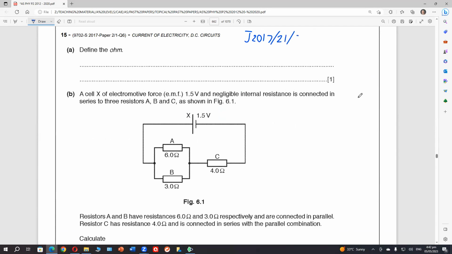So it will be the same, 1 volt passing through 1 ampere current. This is the same definition.